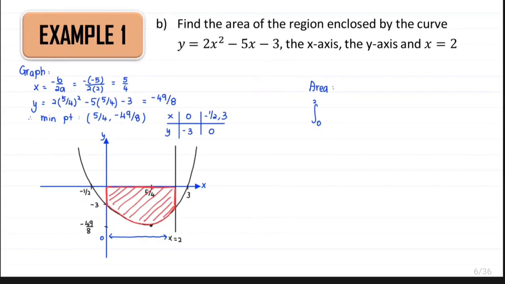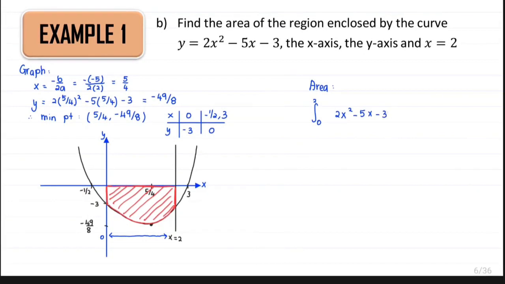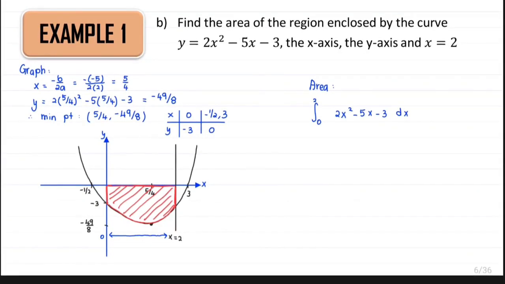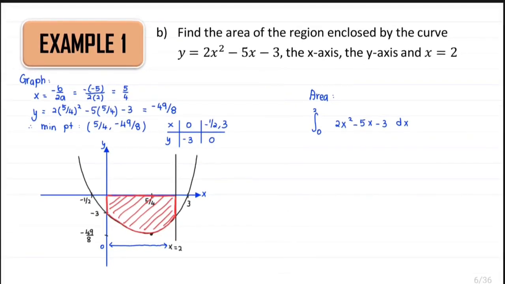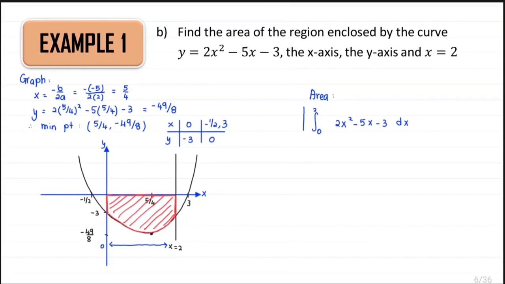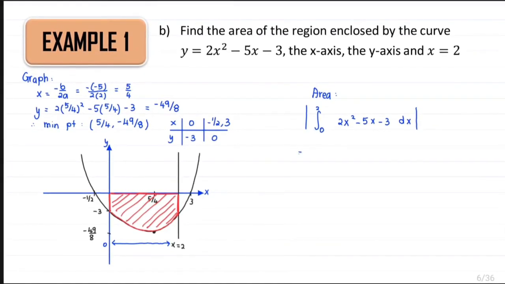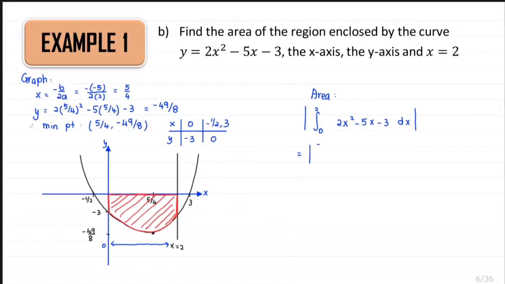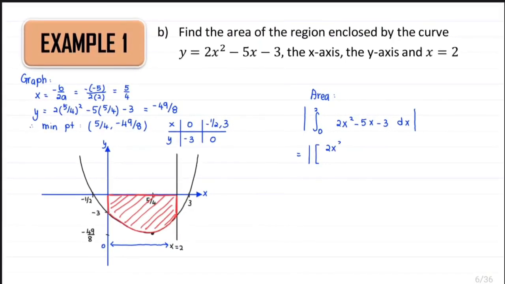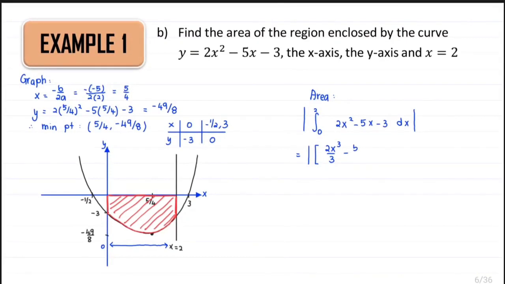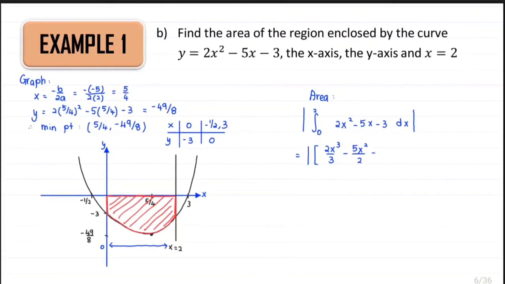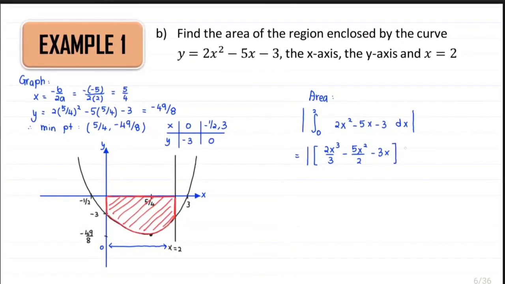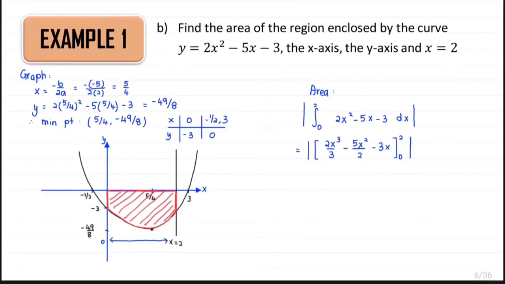The function y is 2x squared minus 5x minus 3, dx. Since the region is below the x-axis, we need to put the modulus. Now we integrate, then we get 2x cubed over 3 minus 5x squared over 2 minus 3x, from 0 to 2.